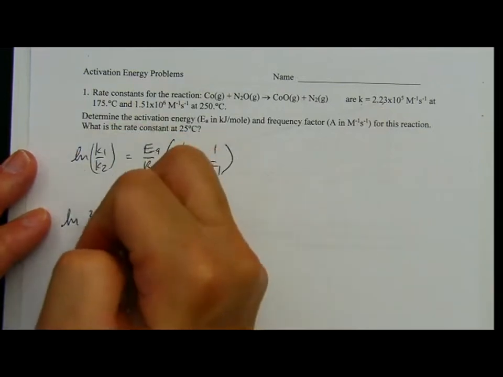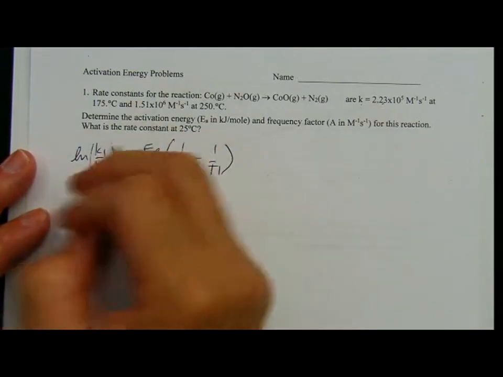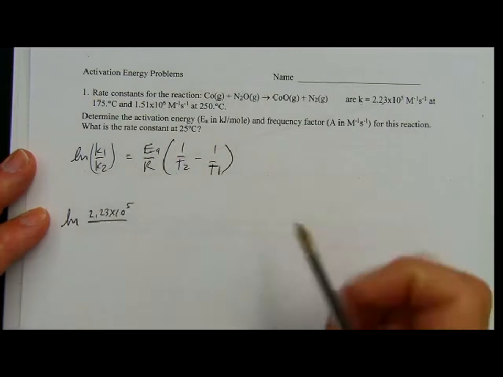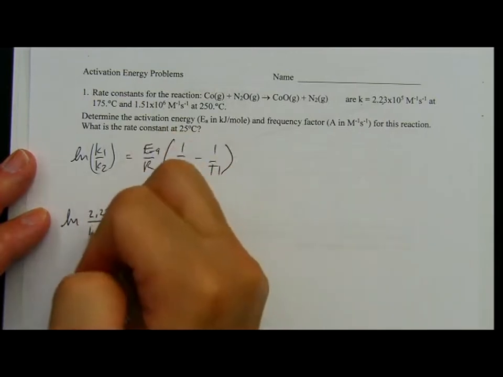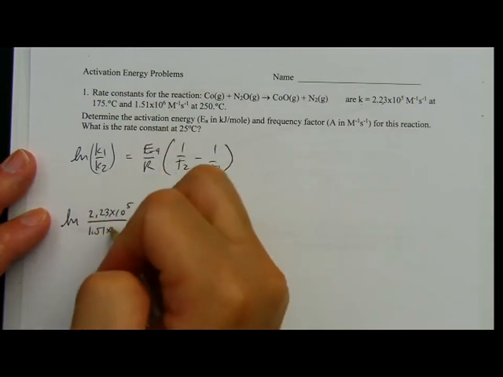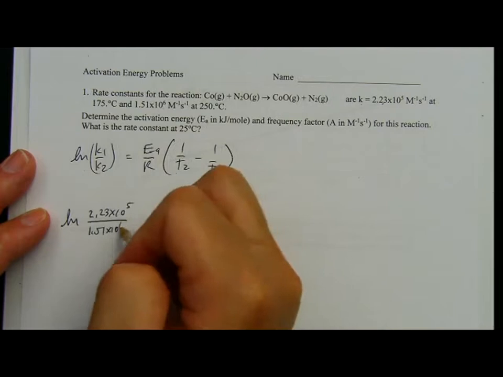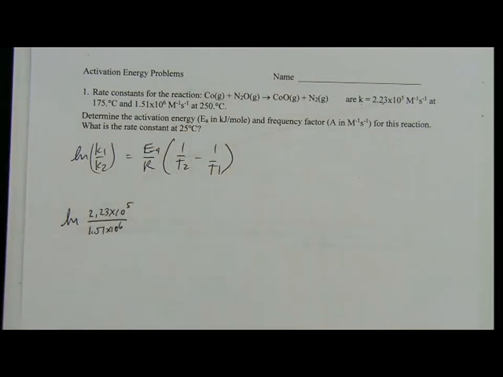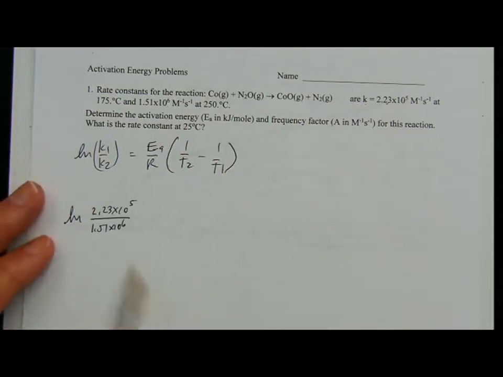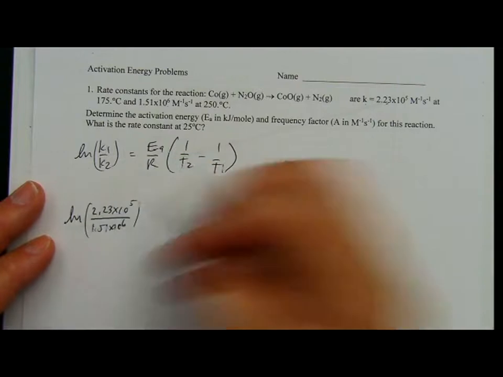So 2.23 times 10 to the 5th divided by 1.51 times 10 to the 6th. In fact, all of these examples are ones that were done here at the Naval Academy and published over in the library.